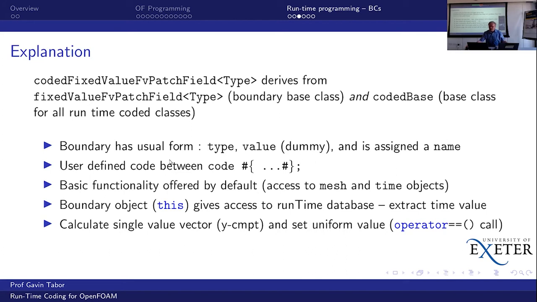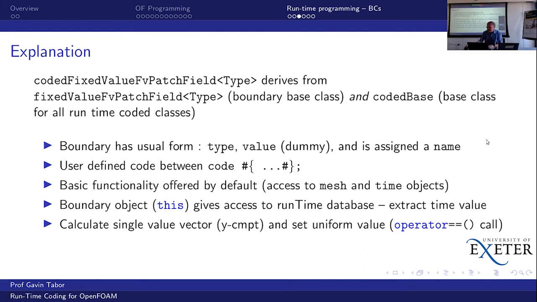I've said most of this already. The boundary has a usual form, type, a value, in this case it's a dummy value, and I've given it a name, and then this keyword code and the hash bracket bit enables me to provide the code which is going to be compiled. That compilation provides basic functionality by default, so it gives you access to the mesh and to time objects.